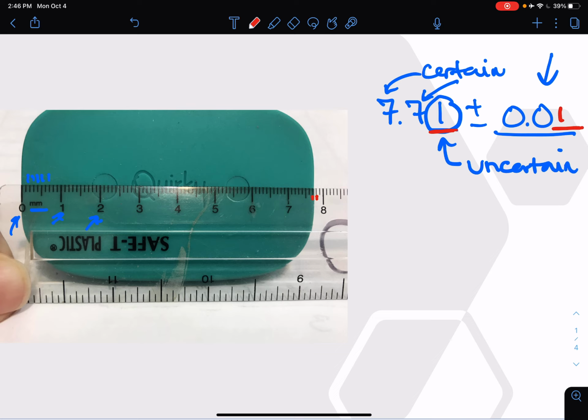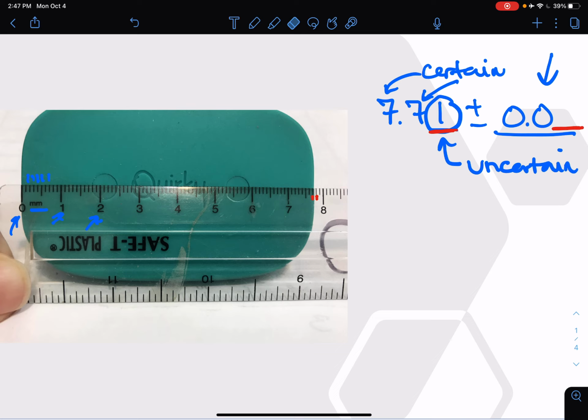Now, most of us would say, ooh, that space in between there is a little bit small, and I don't think I can make out where 0.01, 0.02, 0.03 are. So I'm just going to say my eyeballs can pretty much tell if it's in between 7.7 and 7.8.